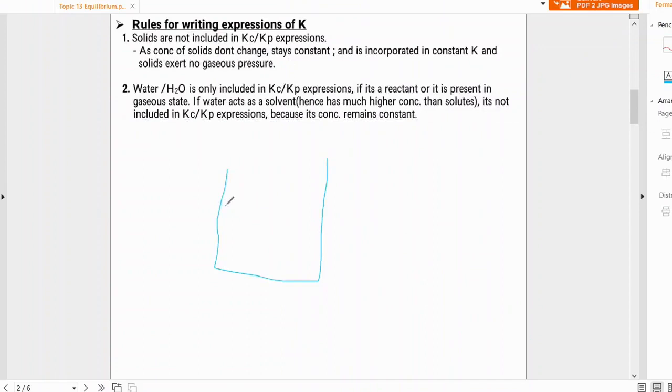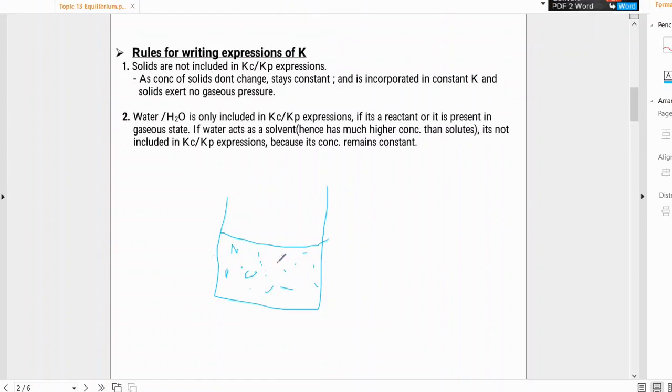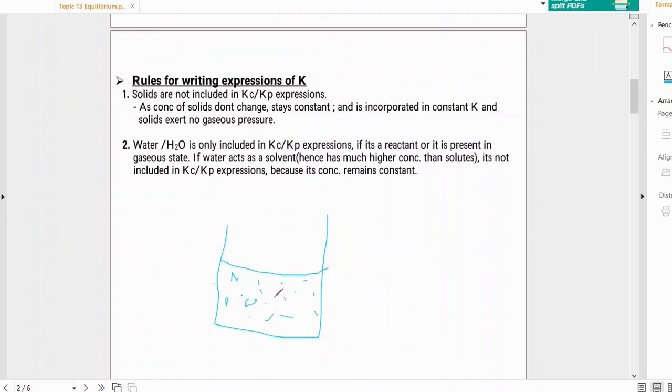this is a beaker, water, some solutes over here. For this solute to dissolve in this solvent, the solvent must be of higher quantity than the solute itself. So the concentration of the solvent must be greater than the concentration of the solute.